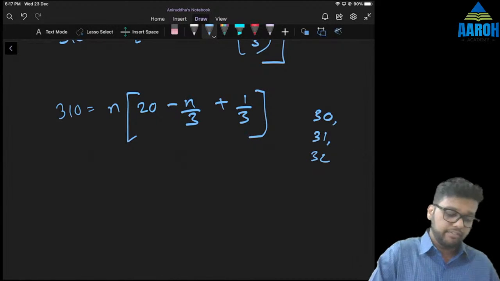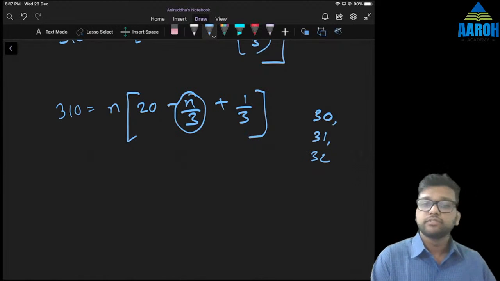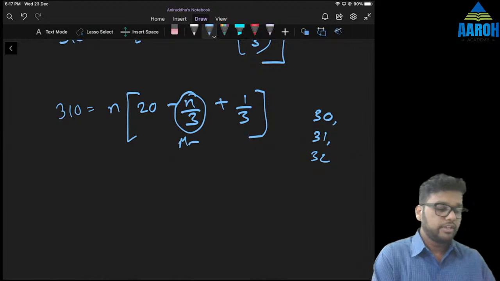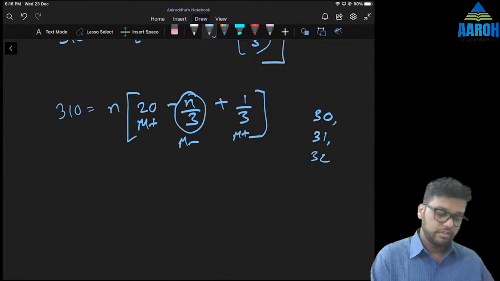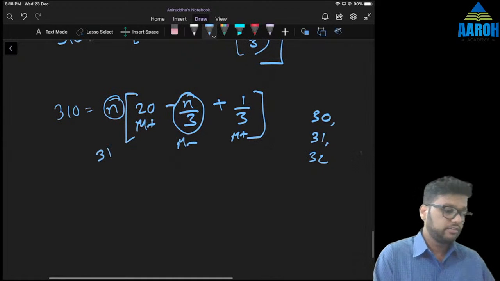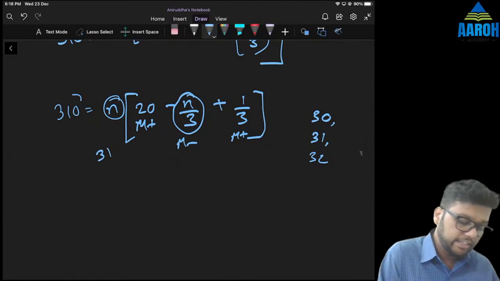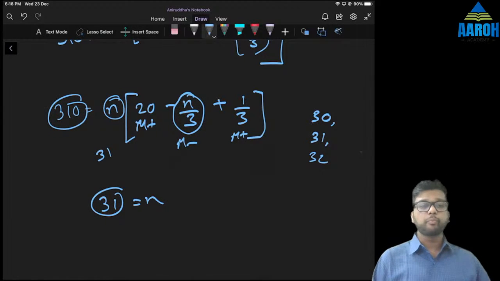If we put n as 31, we are getting the answer. This will be 31 by 3 minus, then 1 by 3 plus, 20 plus, and take total and then multiply it by n, which is 31. So 310 is the correct answer. So 31 will be n.